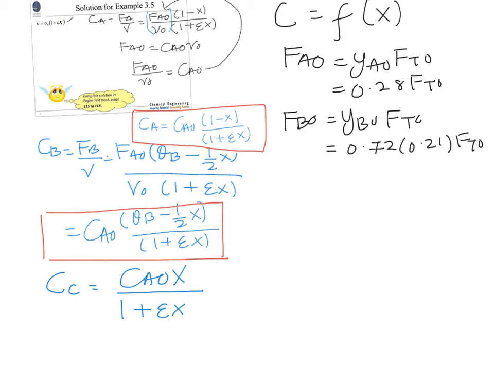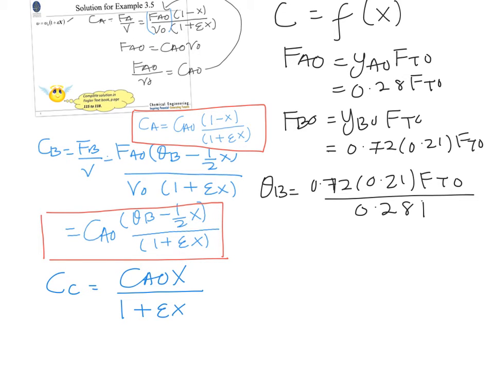So your theta B will be equal to FB0 divided by FA0, which is 0.72 times 0.21 FT0 divided by 0.28 FT0.